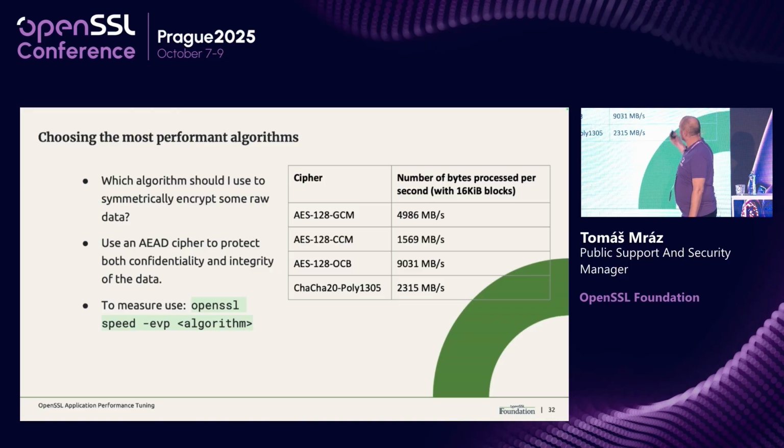I was curious what the speed of the ciphers with AEAD is, so you can protect both confidentiality and integrity. And surprisingly, AES-128-OCB is fastest on my computer.